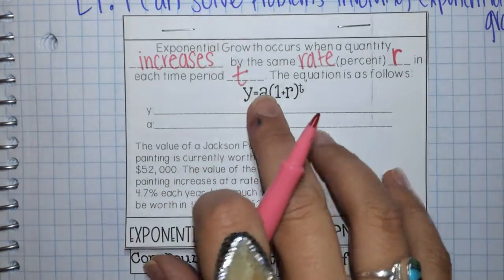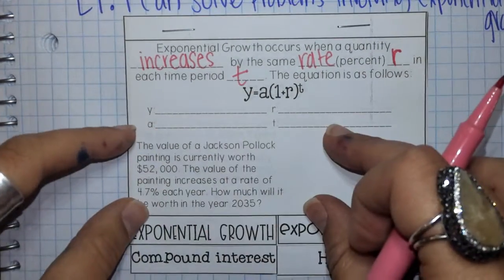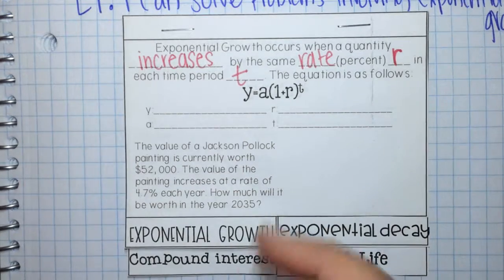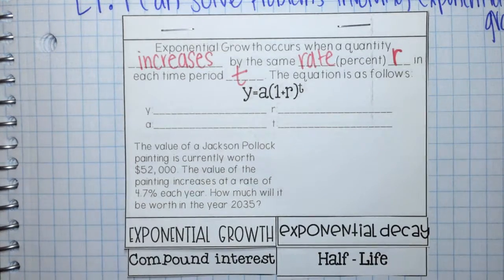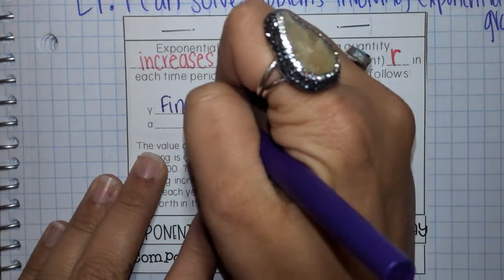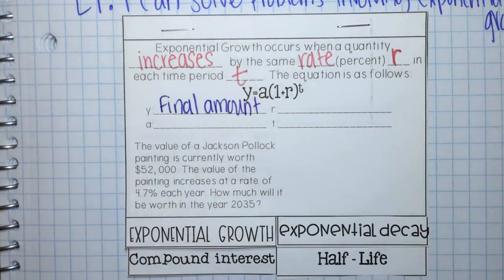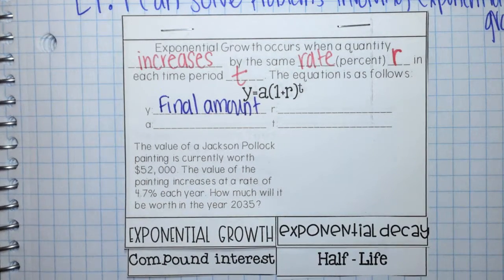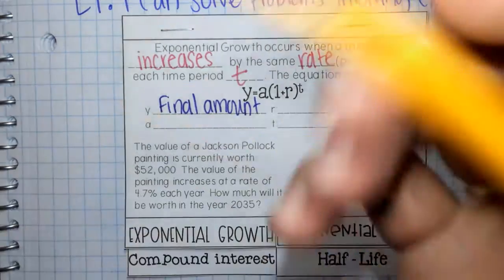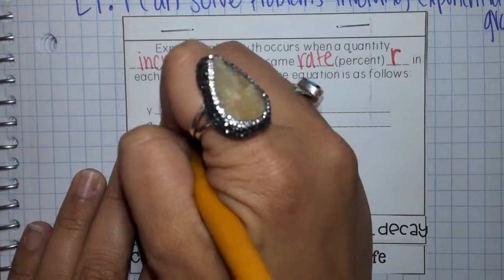Alright, so what we're going to do is we're going to dissect the parts of our equation, and then we're going to work out a problem together. Are you guys ready? Yeah. So, Y stands for your final amount. A stands for original amount.